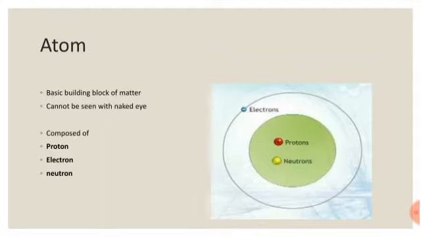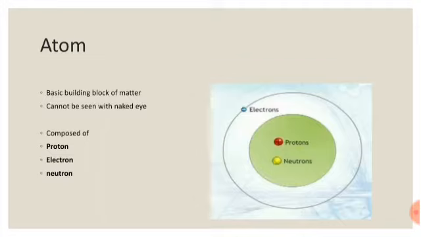All matter is made up of a tiny particle called an atom, the basic building block of matter, which cannot be seen with the naked eye. The atom is composed of three subatomic particles called proton, electron and neutron.